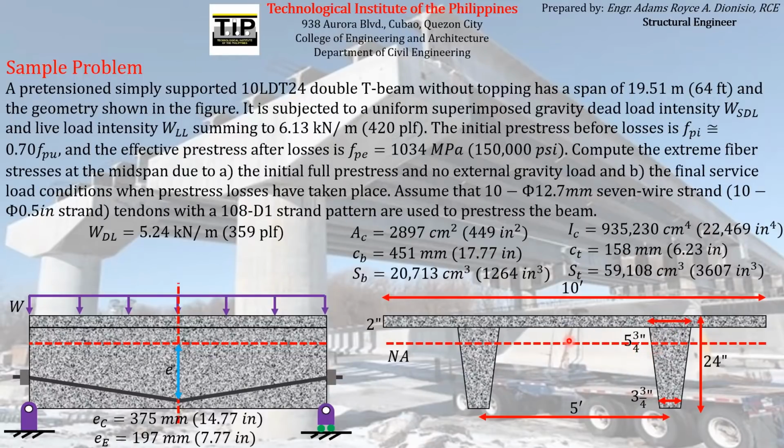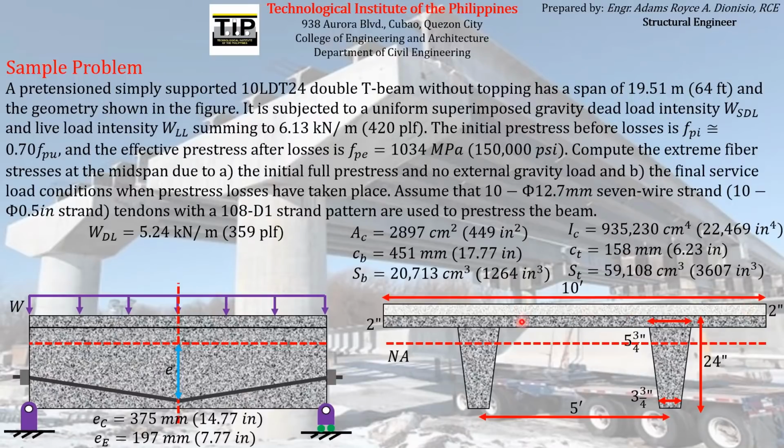Actually, these dimensions are no longer needed because the cross-sectional properties are already given. But in the case that the cross-sectional properties are not given, you have to compute all of this using the given dimensions. And then the T-beam will support superimposed dead load due to topping, which has a thickness of 2 inches.